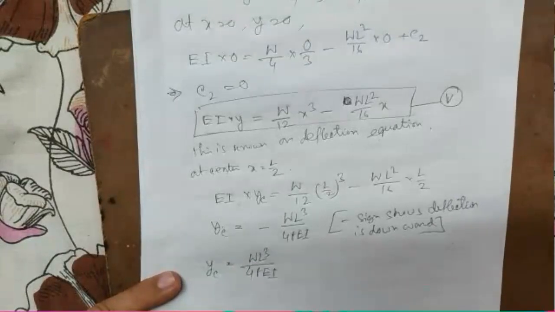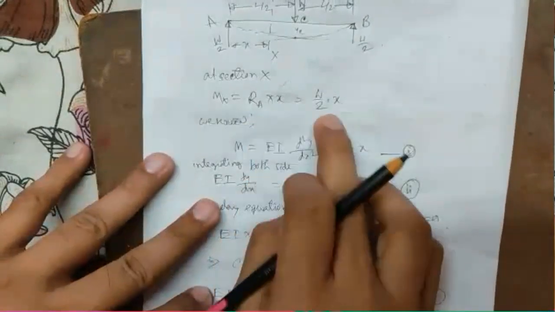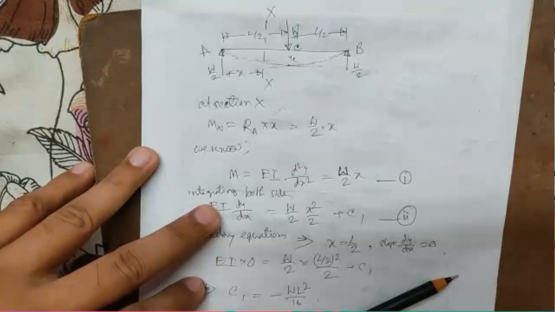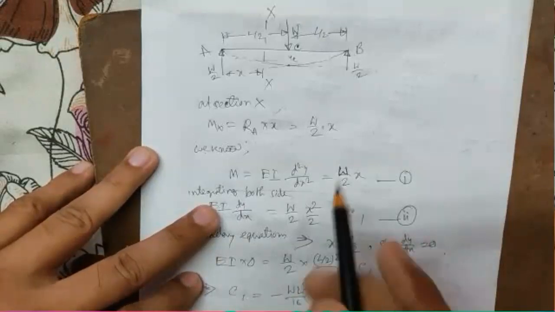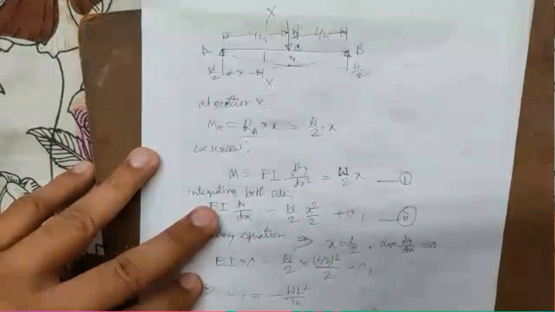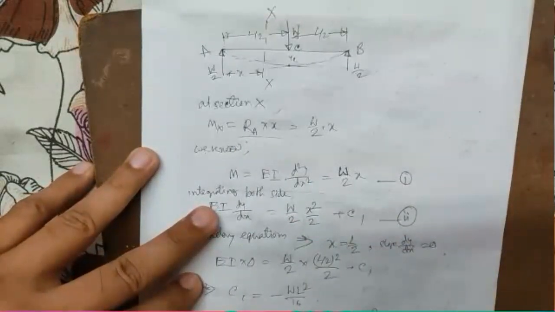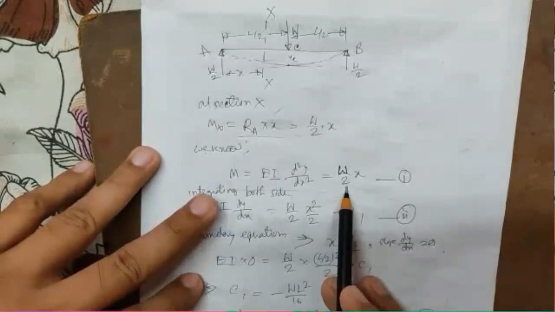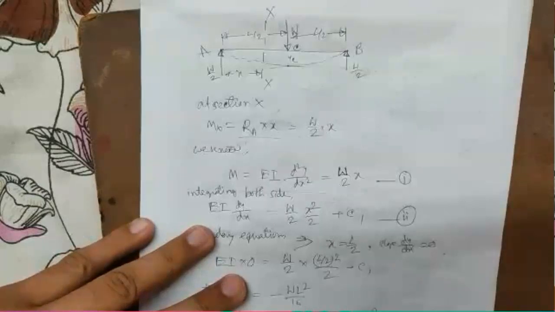For different loading conditions, this deflection will also be different, because we found here that the moment is Ra into x. This value will change for different cases, and when we replace it in this equation, our slope and deflection equations will be different and the values will come out different.